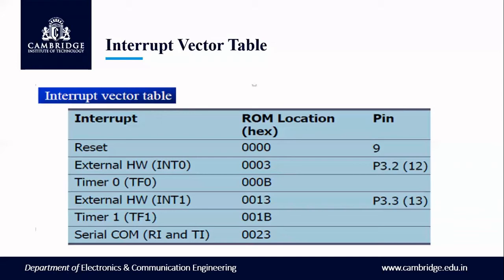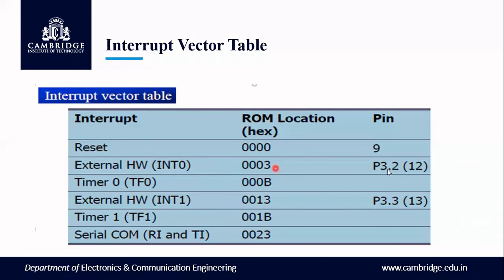And all of you should remember the addresses we use when writing assembly code. These addresses are very important. When you are branching, or when an interrupt occurs, it should go to the interrupt service routine at this particular address. Whenever you are using timer interrupts or external interrupts, you need to know this. The external hardware interrupt INT0 address is 003.